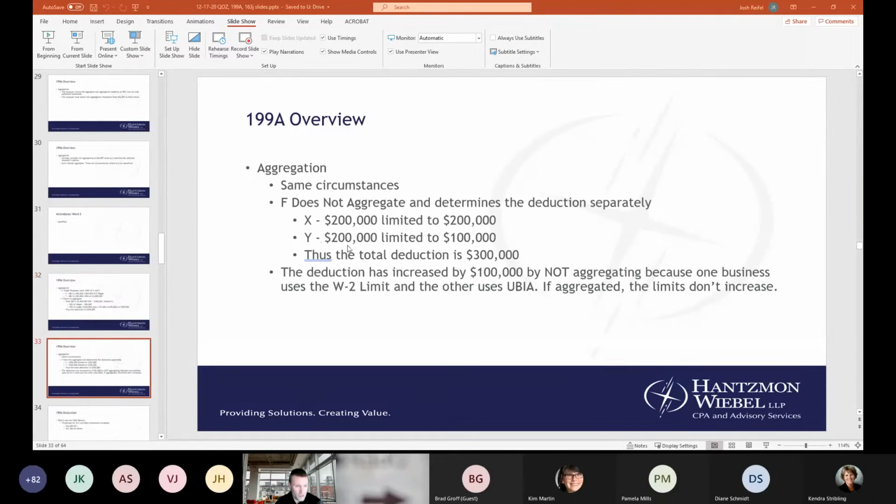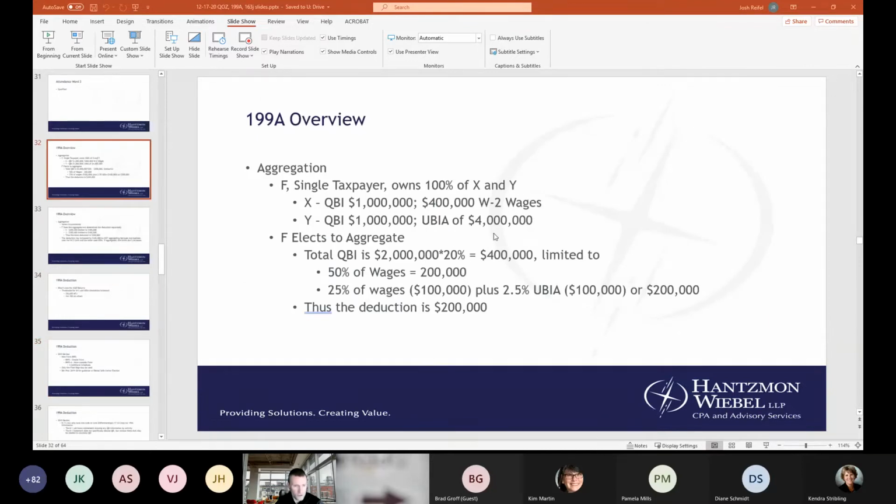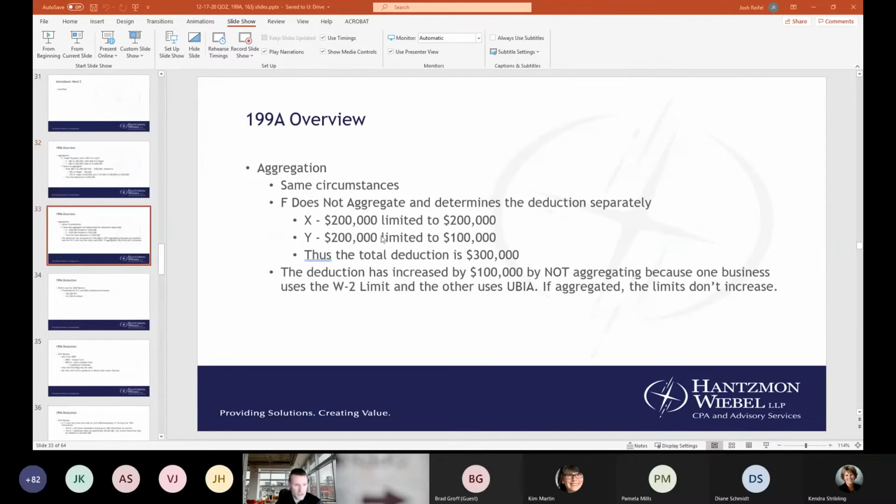Y has a $200,000 QBI deduction limited to $100,000, the 2.5% of UBIA plus 25% of wages. So by not aggregating, the total deduction is $300,000. So the advice is make sure you're aggregating for a reason and not just for simplicity or because you just feel like you need to aggregate. There are instances where it's not beneficial, so please be aware of that.